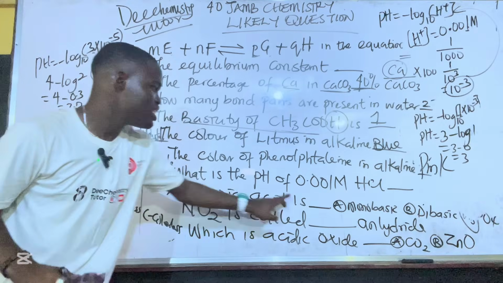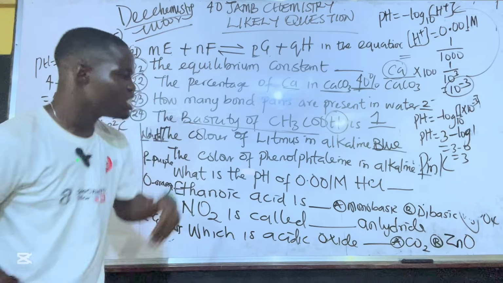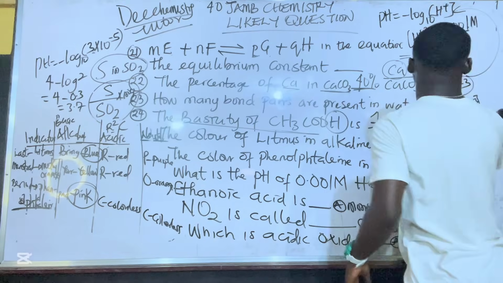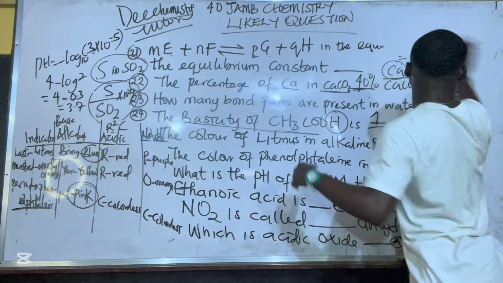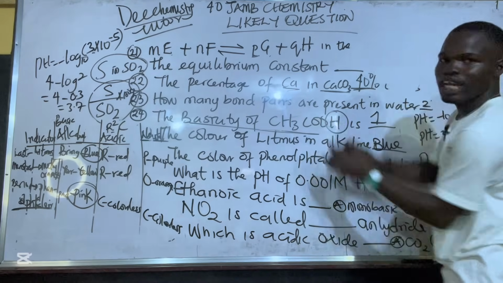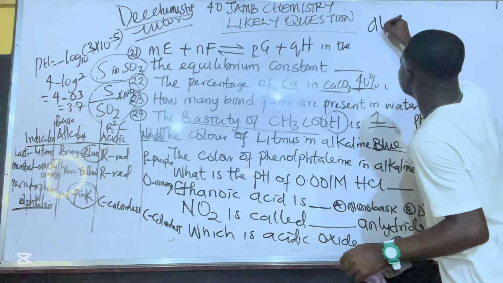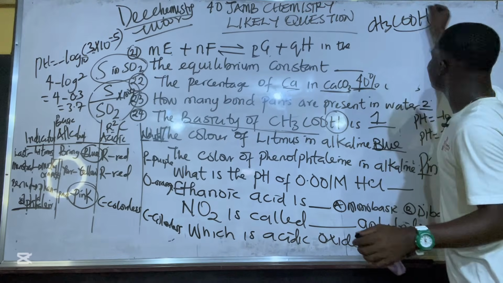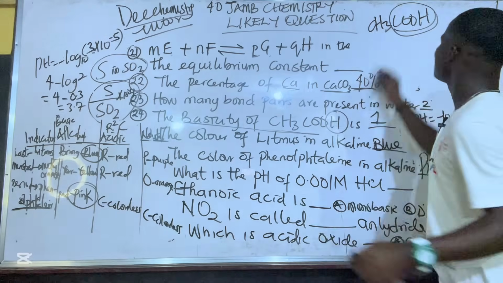Ethanoic acid is dash. Is it monobasic? Is it dibasic? Is it tribasic? Now, this is very easy. When they say ethanoic acid, this is what they mean: CH3COOH. This is the acidic hydrogen here, so it is monobasic.